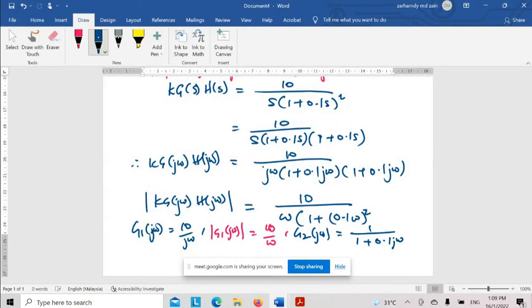This one is j omega square, and you will get G2 of j omega.